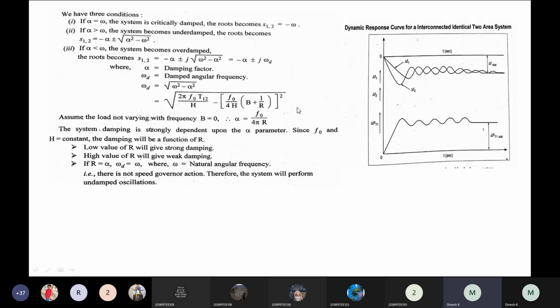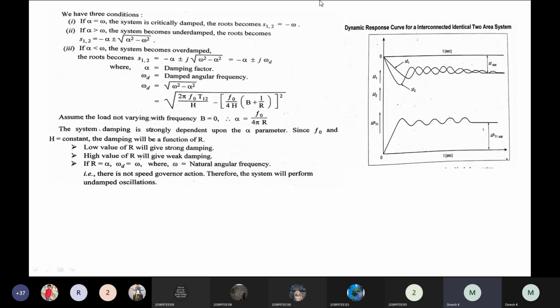When your f naught and h are constant, the damping will be a function of R. Not resistance, it is regulation, speed regulation. While varying the speed regulation of the turbine generator combination, the damping will change.